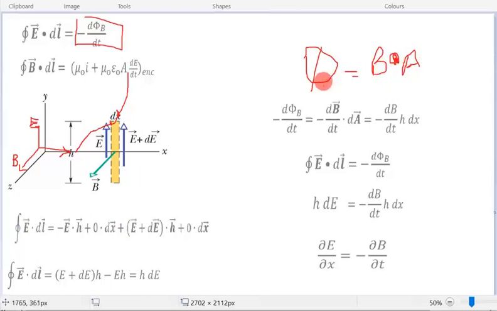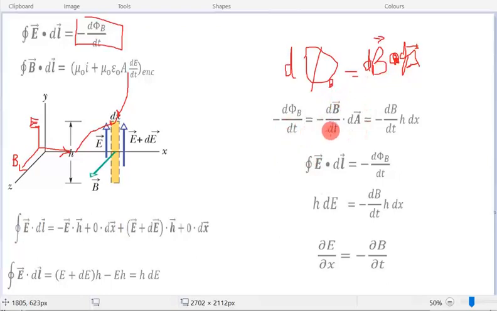Let me indicate magnetic flux. Magnetic flux is B dot A, a dot product. In that case we should have vectors here. So if we have d phi, then we can write dB dA.